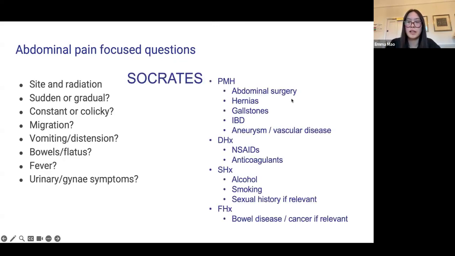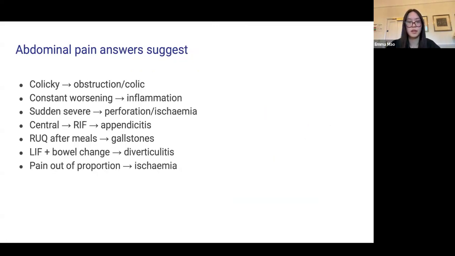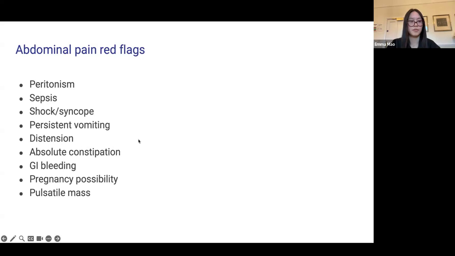And previously in the history, that's thinking about aneurysms and vascular disease. For example, if they have any atrial fibrillation, more likely to be mesenteric ischemia. Okay, the red flags, possibly the same as before, except pulsatile mass, that's like for the abdominal aorta aneurysm.